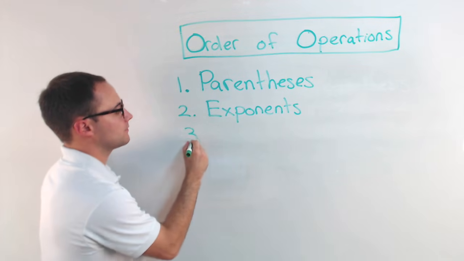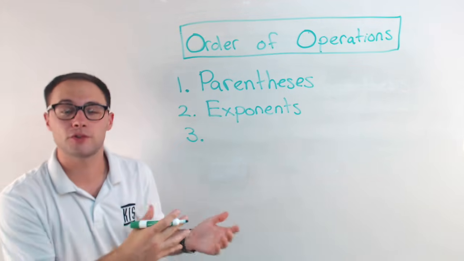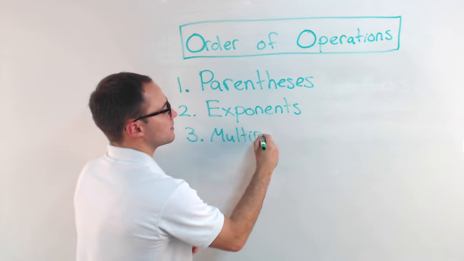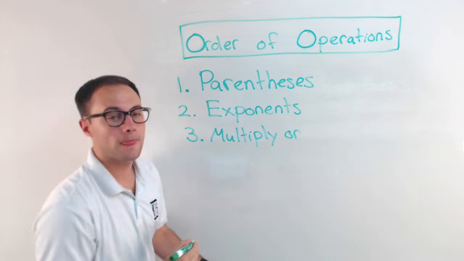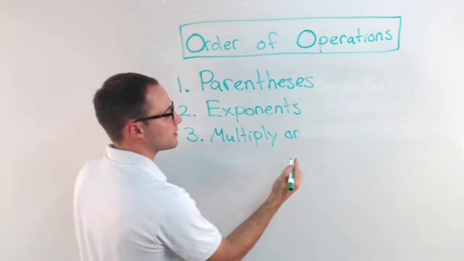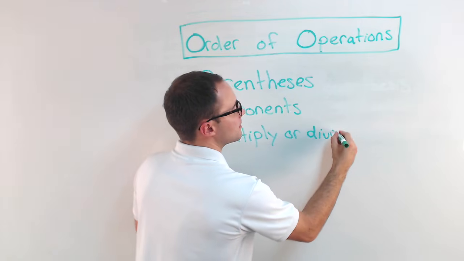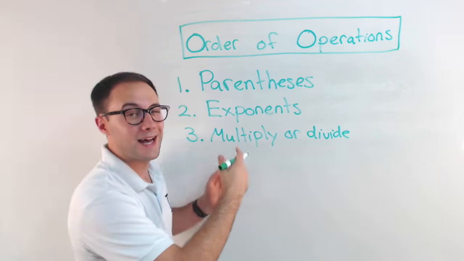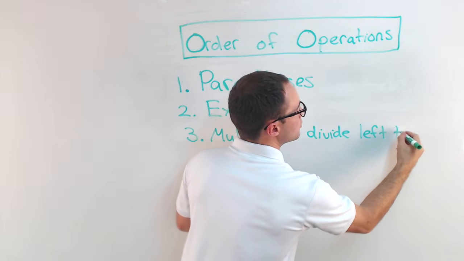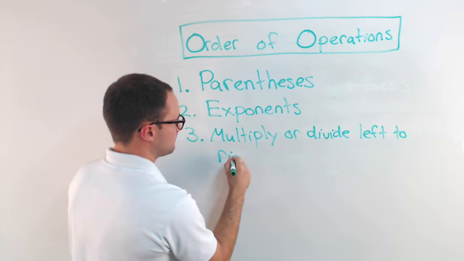After that, the next operation is multiply or divide. Now notice I say or. Multiplying doesn't always come before the division. It's whichever one, multiply or divide, comes first going left to right.